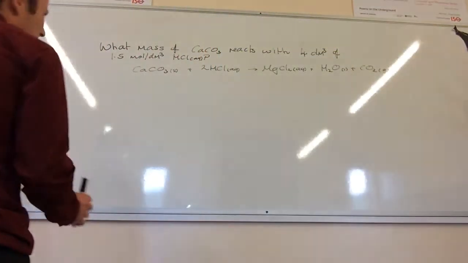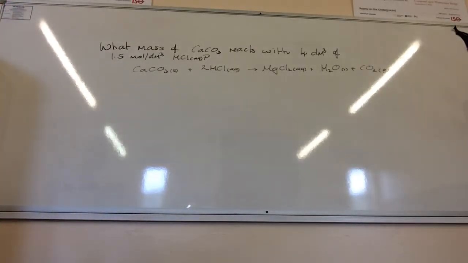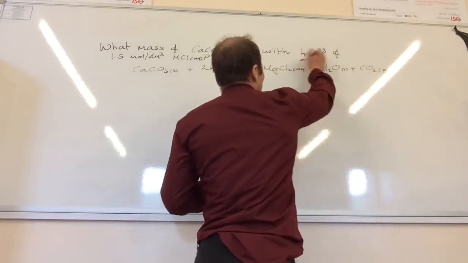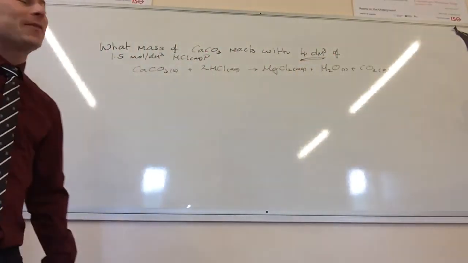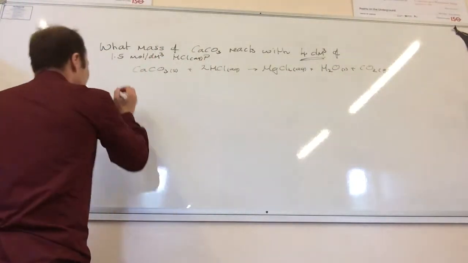The question we need to go for is, what mass of calcium carbonate reacts with 4 decimetres cubed of 1.5 moles per decimetre cubed HCl aqueous? Key thing, they have told me 4 decimetres cubed, so I do not need to use this factor of 1,000. Always work out the moles of the thing you can do.